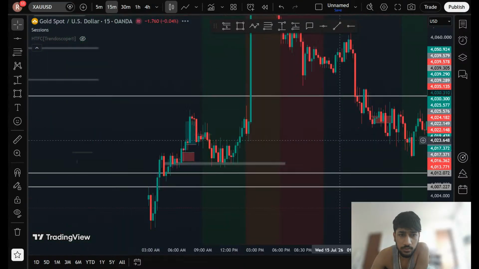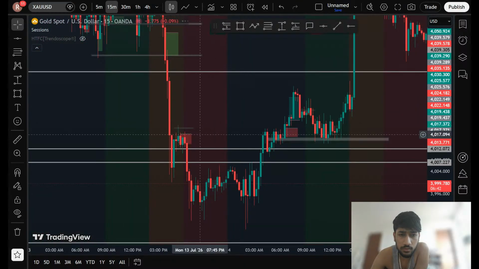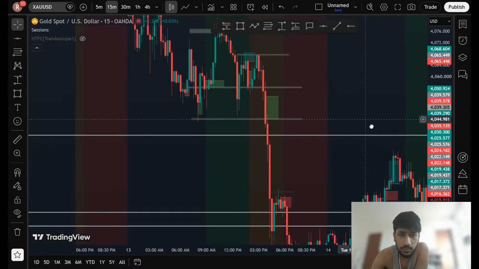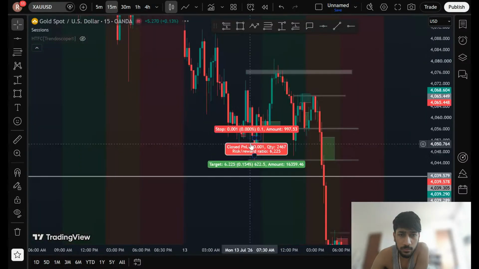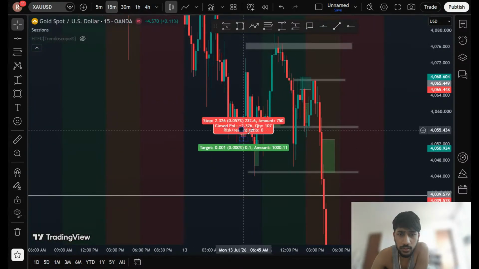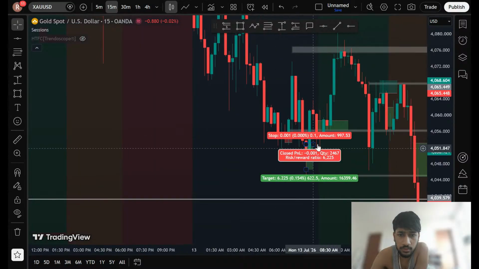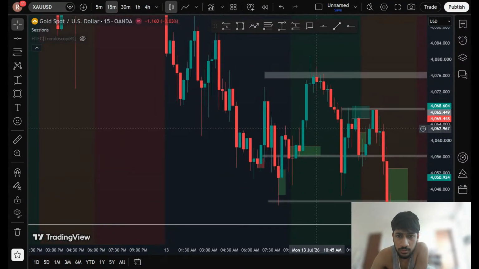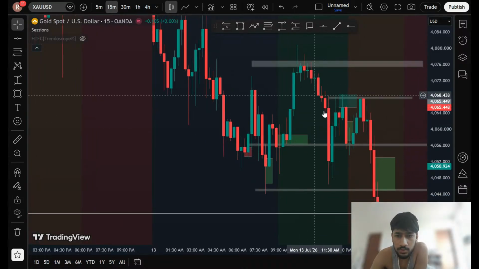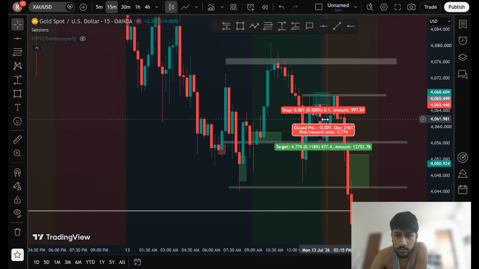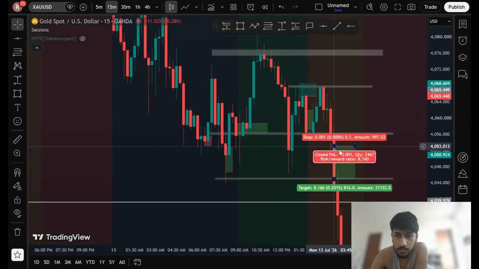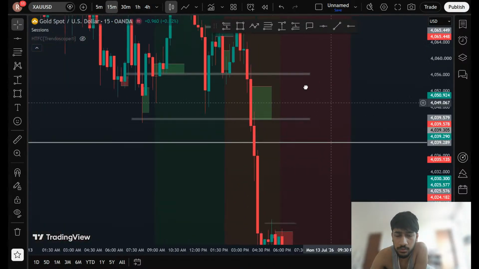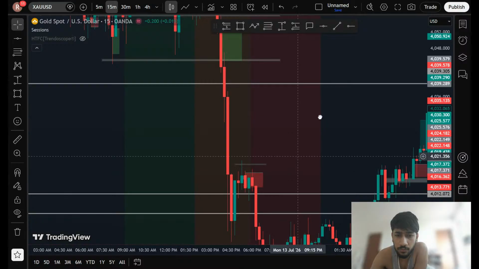See, this was a loss, take profit, loss. The first day on Monday was actually very good. Took a sell, captured this, took a sell, captured this, went up, came down, buy, captured this, wick fill, took a sell, captured this, took a sell, captured this, then unnecessary buys.